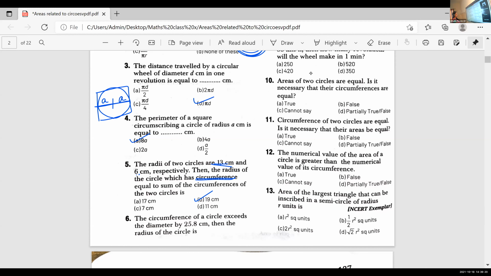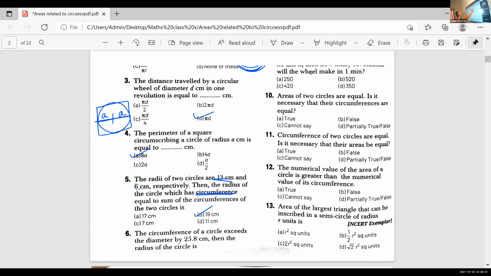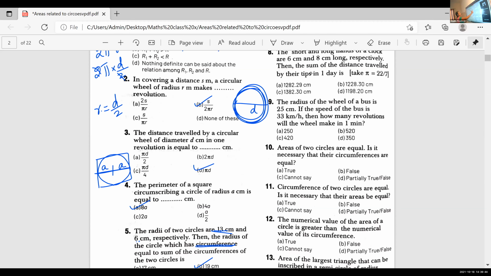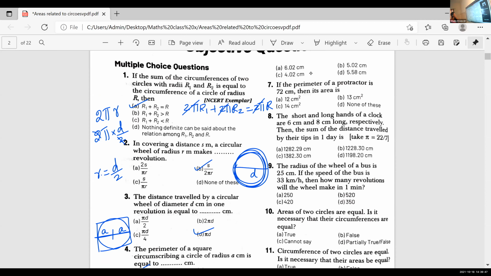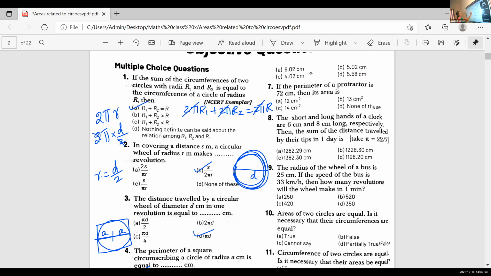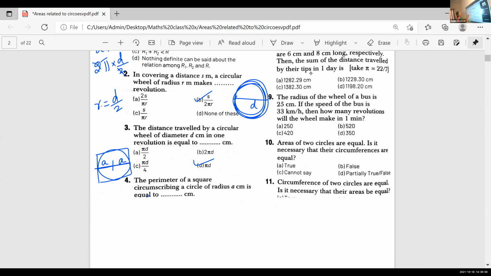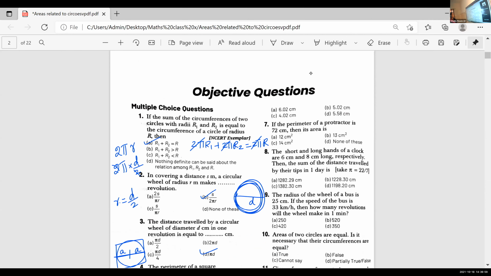The circumference of the circle exceeds the diameter by 25.8. We are asked to find the radius, and these are the options. Note the options given here. These are the radii given. How to do this? So what is given there? Look at the question given here.